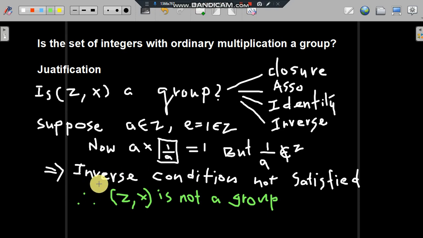So the inverse condition is failing here. It is not satisfied. Therefore this algebraic structure, Z comma X, where Z is the set of integers and X denotes ordinary multiplication, is not a group.